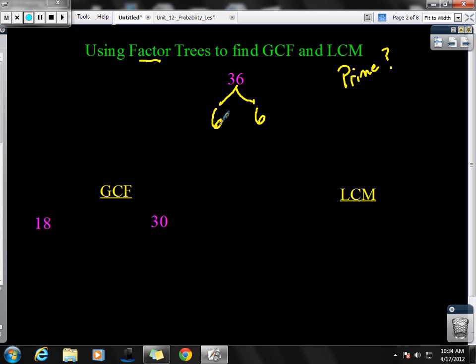So I'll do 6 times 6 is 36. 6 is not a prime number, but I can break 6 down into 2 times 3. And 2 times 3 equals 6. Both 2 and 3 are prime, so I'm going to circle those. And then obviously over here, it'll be the same thing. It'll be 2 here and 3 here. And we've done this several times before.